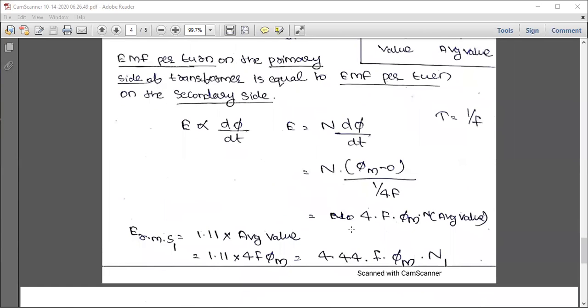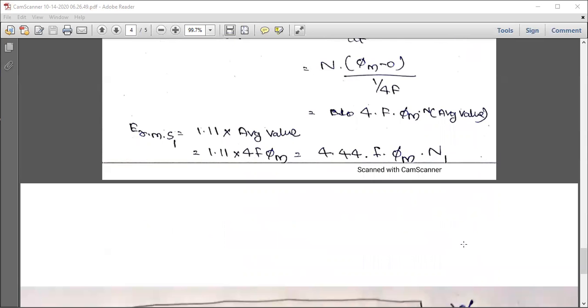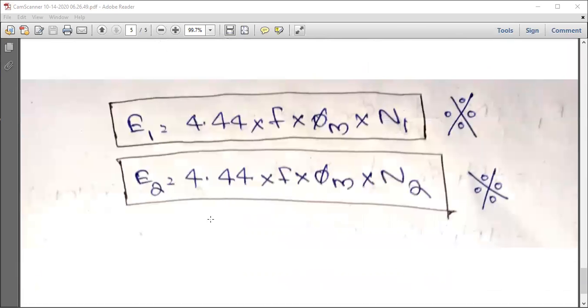So the RMS value on the primary side is 1.11 into average value, that is 1.11 into 4 into f into φm, which is equal to 4.44 into f into φm into N1. This is the RMS value of the induced EMF in the primary. Similarly, E2 is also 4.44 into f into φm into N2.